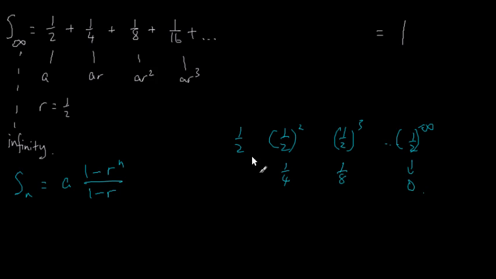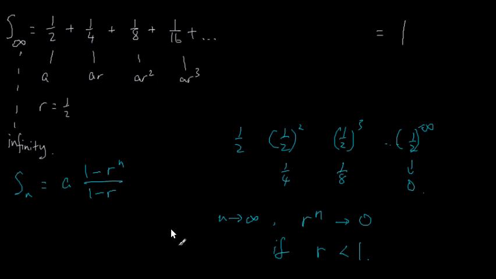And indeed, that's what happens. If r is a number that is smaller than 1, then when n goes to infinity, r to the power of n goes to 0.